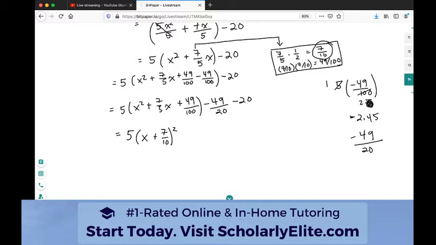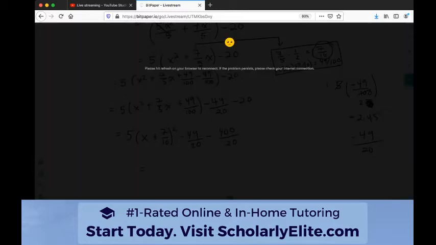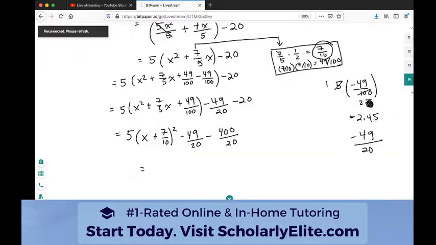And then I'm going to go 20 times 20 to get that common denominator. So this becomes negative 49 over 20 minus 400 over 20. And that just becomes, oh, there we go. Gosh, that disconnected for a second there.